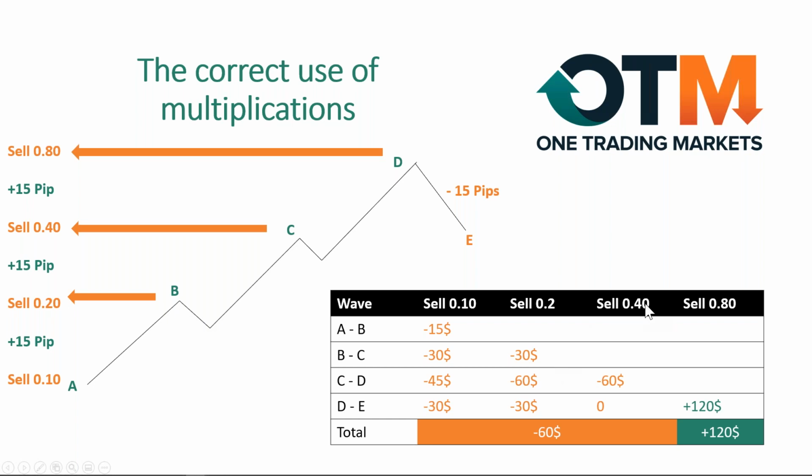And in the third one, which is 0.4, I also lost 15 pips multiplied by 4, which is $60. Let's assume that from point D, the market reversal happened.